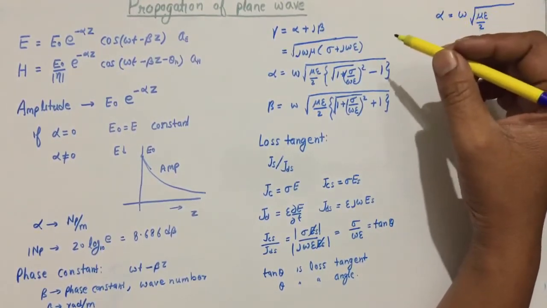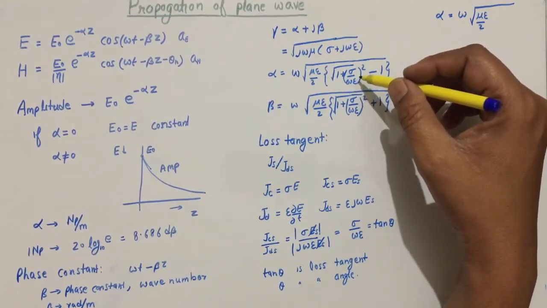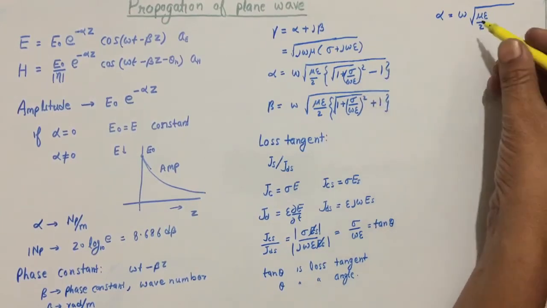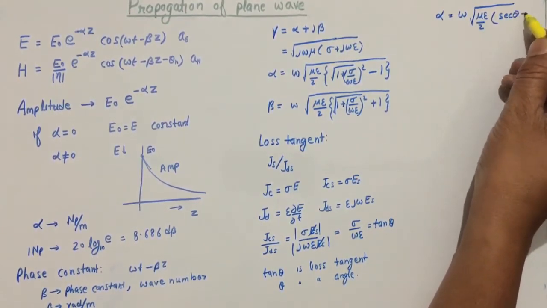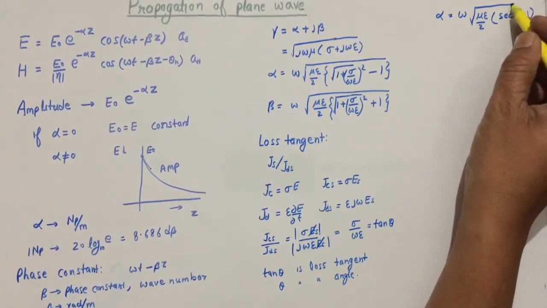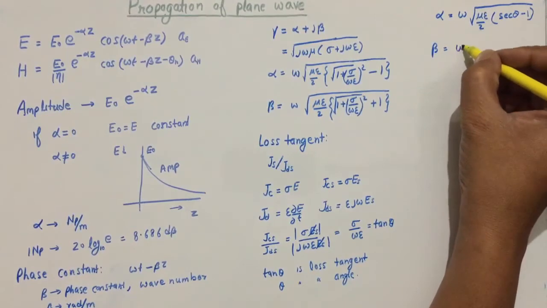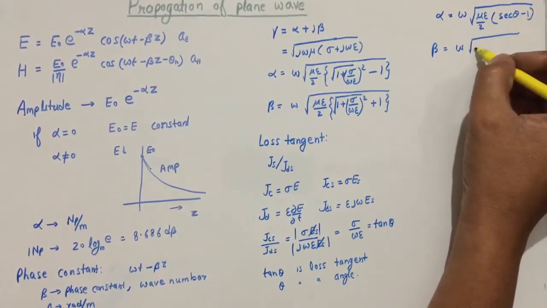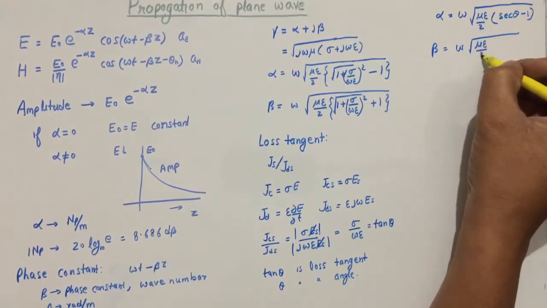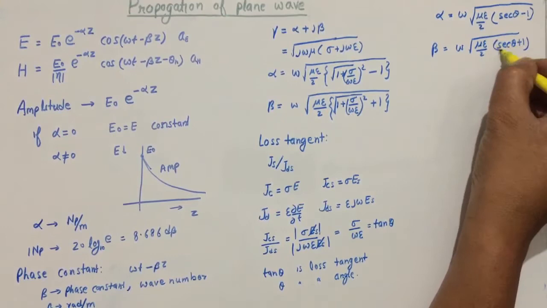This term will be 1 plus tan square theta, that will be sec theta. So here we can write sec theta minus 1, and beta can be omega, remaining terms will be exactly the same except the plus sign will be there. So it will be sec theta plus 1.